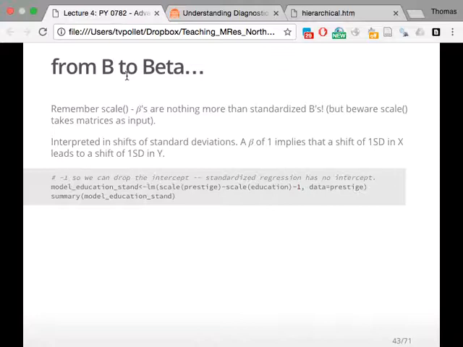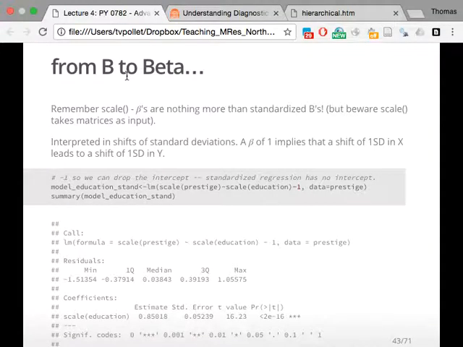You can make new variables, but here I've just scaled it within the model. I used LM, scale prestige, so make a z-score of prestige, make a z-score of education, and -1 to drop the intercept. Then I have to tell it where the data is. And so now we have betas. This is now a beta, which is a larger effect, 0.85. That's how you get your betas, which you might also need.